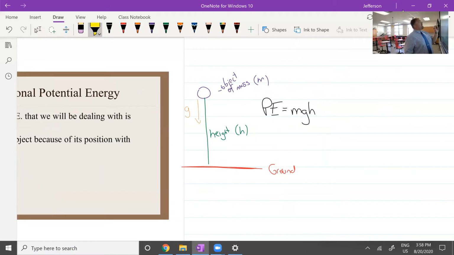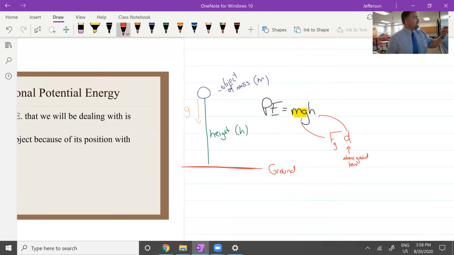If you look at mg, this is another way to write the force due to gravity, so F sub g. Make sure you know that's F sub g, not F times g. Height is just another way of saying distance above the Earth, above the ground level.